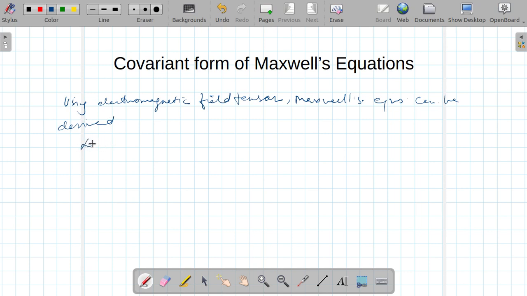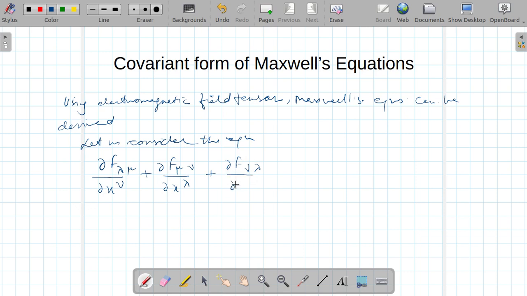So for this, let us consider the equation: ∂F_λμ/∂x^ν + ∂F_μν/∂x^λ + ∂F_νλ/∂x^μ = 0.